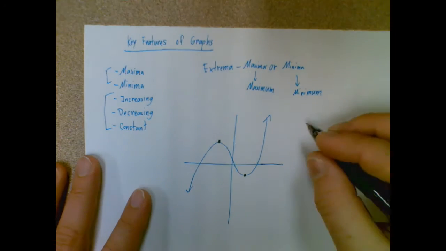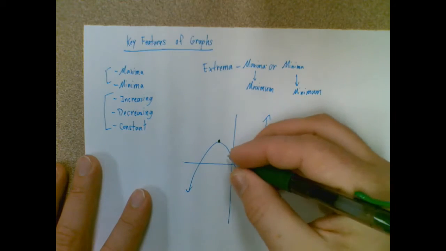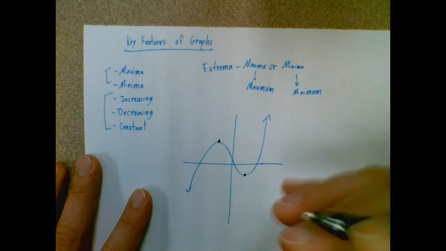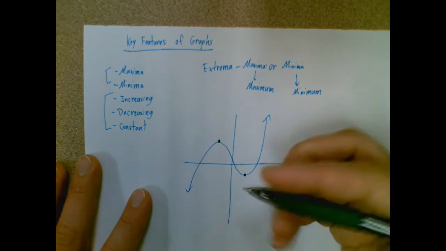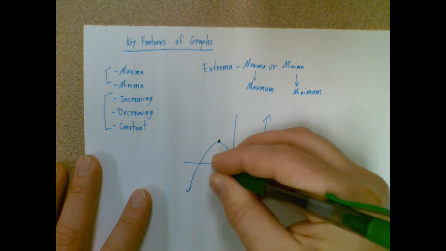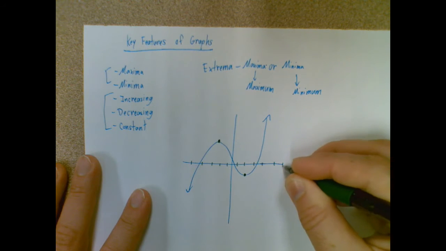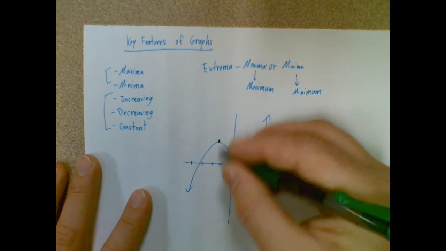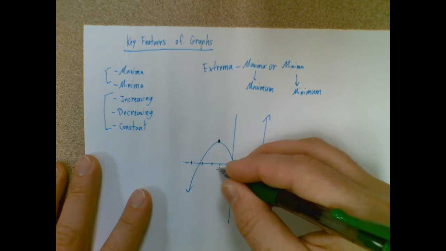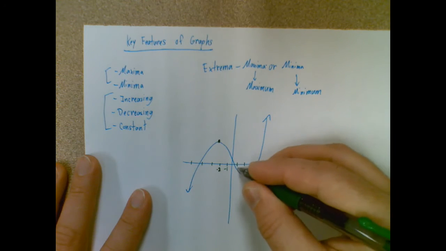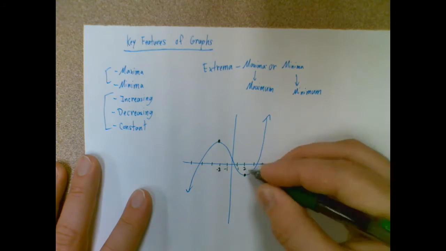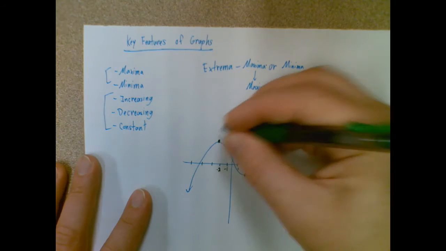They ask for them in a kind of coded language. If they ask where a maximum or where a minimum occurs, that's talking about our x-axis. So this one, the maximum is located at -2, and our minimum would be at +2, because that's my x-axis.